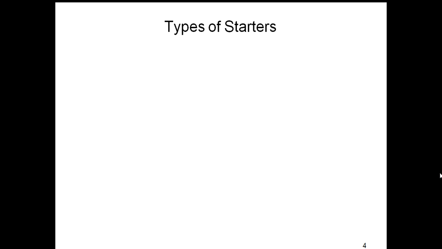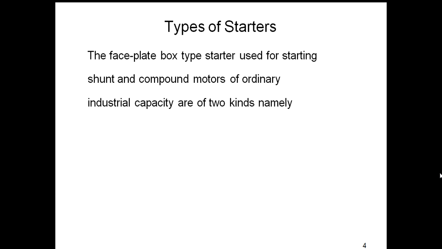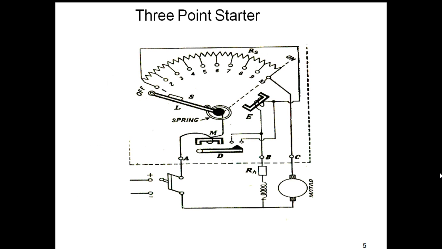Now let us see the types of starters. Mainly there are two types of starters. One is 3-point starter and the other is 4-point starter. Here we can observe the schematic diagram of a 3-point starter.